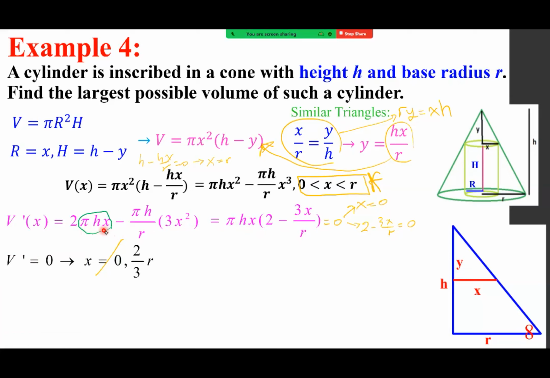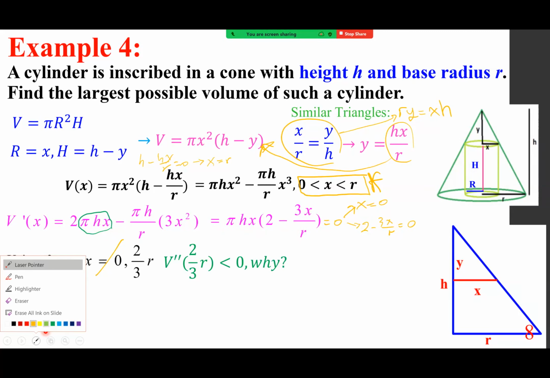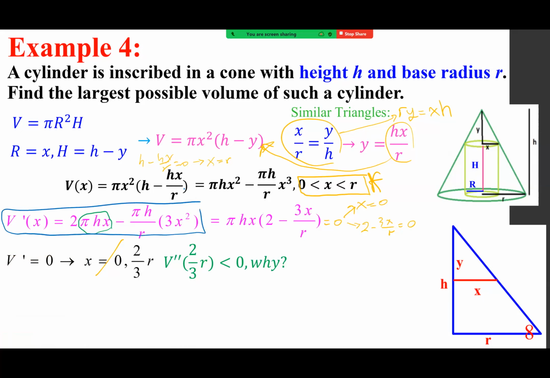I'll show you the v double prime, and I leave it for you to prove this is negative. So what is v double prime? Two pi h minus pi h over r times 3x squared gives us 6x.